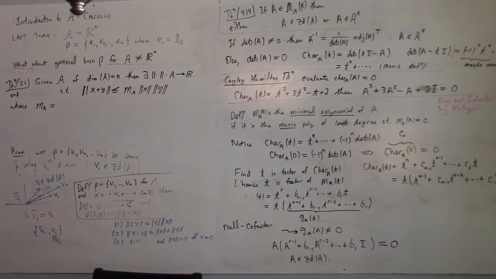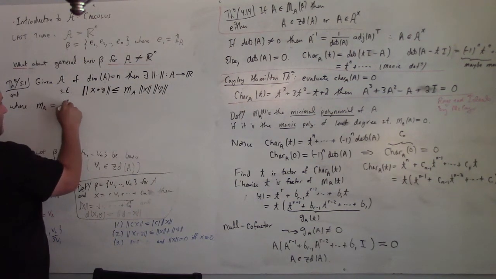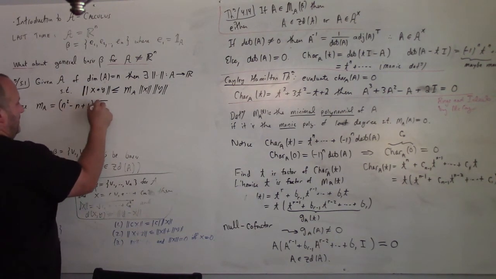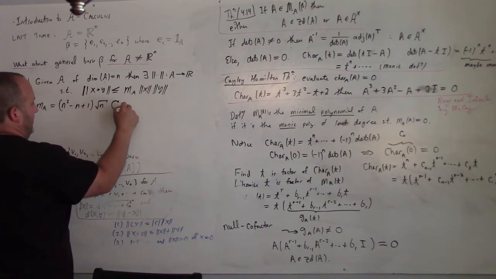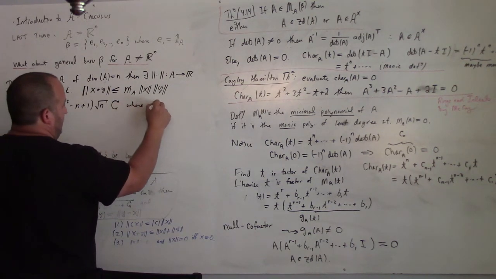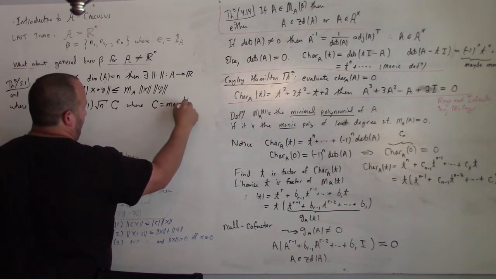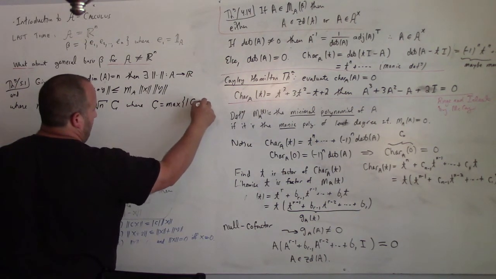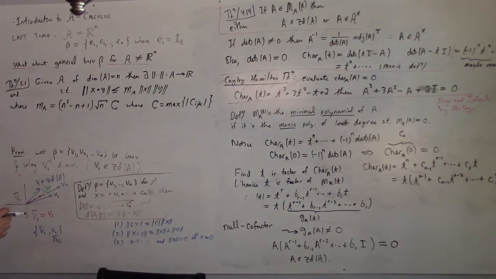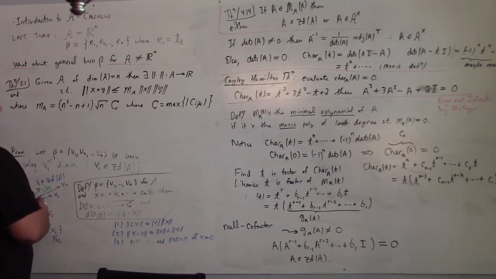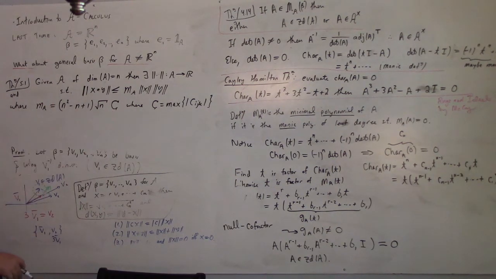M sub A is equal to n squared minus n plus 1 times the square root of n, times big C, where big C is the maximum of the absolute value of the structure constants. And this is all done with respect to that ad hoc norm I was defining down here.